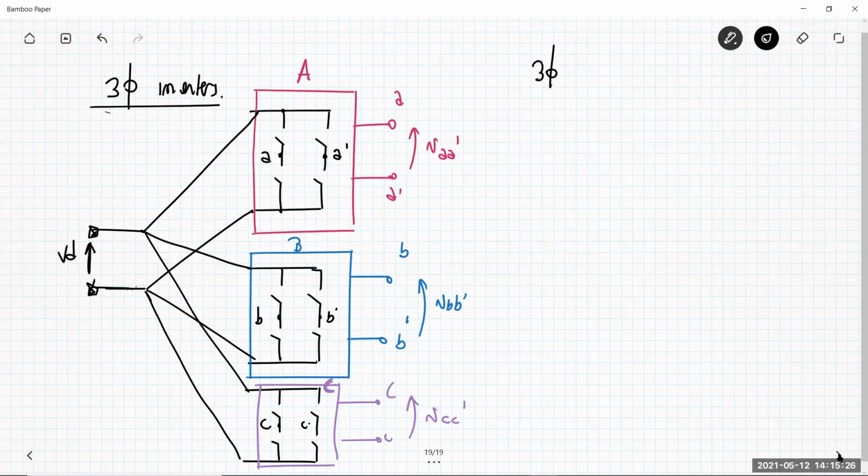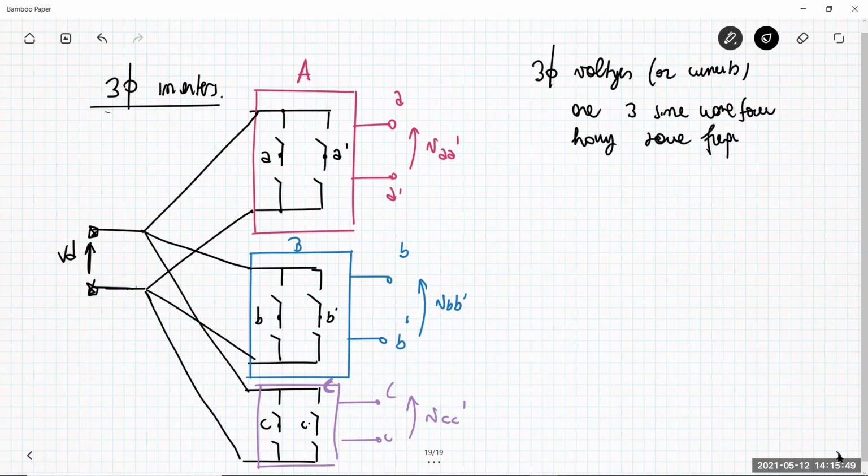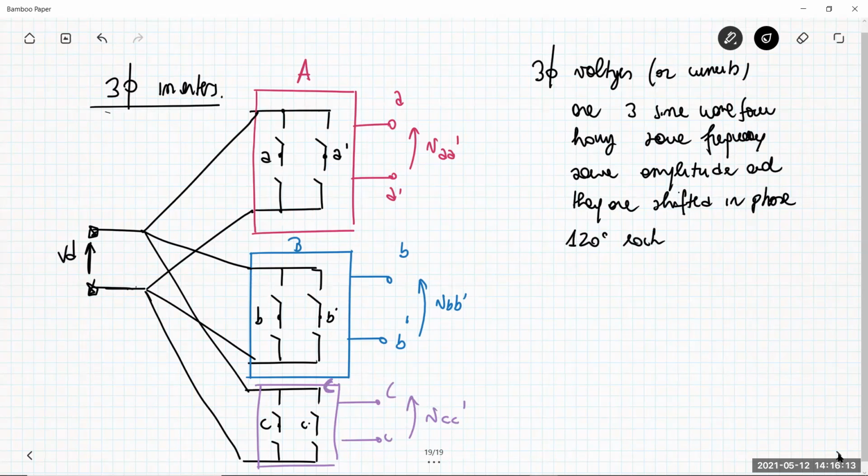three-phase voltages or currents are three sine waveforms having the same frequency, same amplitude, and they are shifted in phase 120 degrees each from the other.